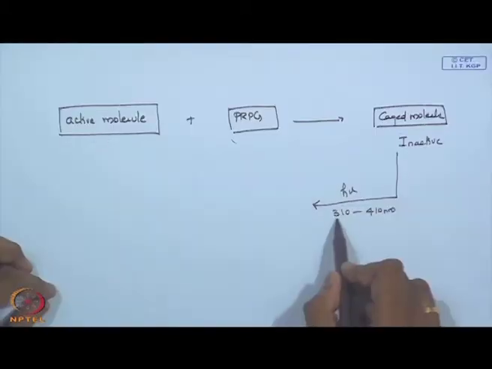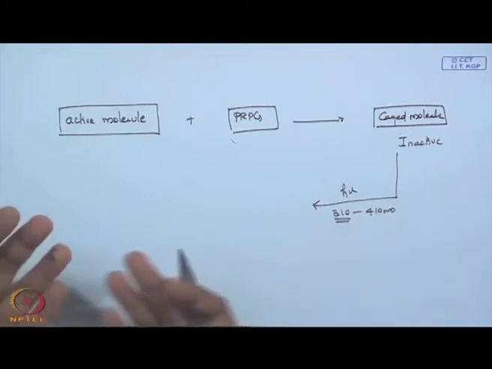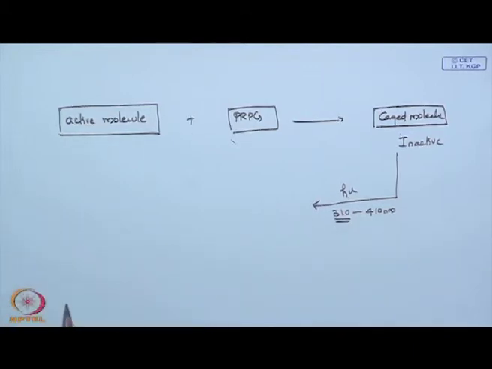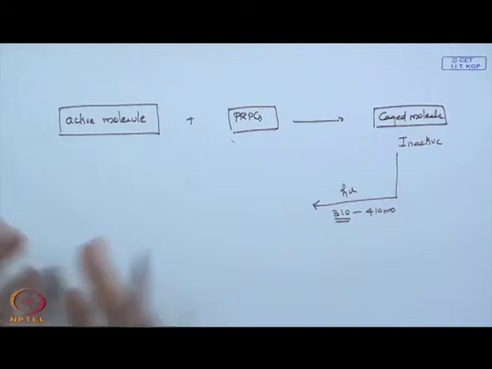You cannot use 310 in every case. If your active molecule is for agrochemistry, then it is fine; you are not worried about the wavelength. But if it is an active compound like an anti-cancer drug that you want to take into your body, then you are worried about your wavelength, right? 310 is not safe, because that itself can create cancer.